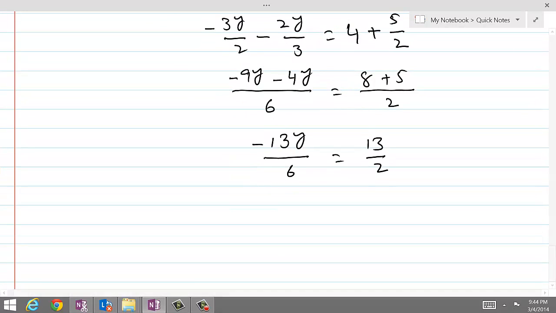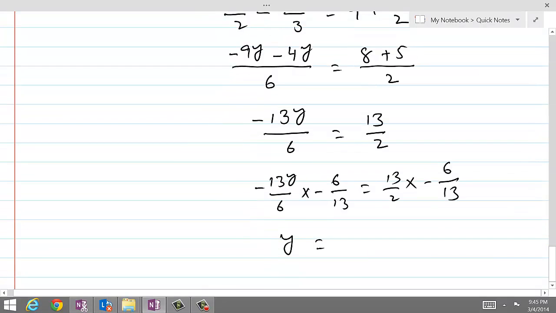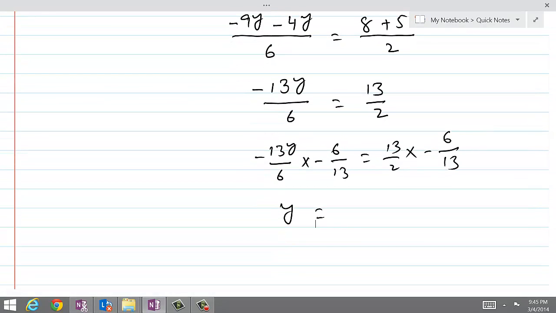So here, now if we want to isolate y, what we should do is multiply minus 13y over 6 by minus 6 over 13 on both sides. 13 over 2 times minus 6 over 13, this is the multiplicative inverse we are multiplying so that we can get y isolated.